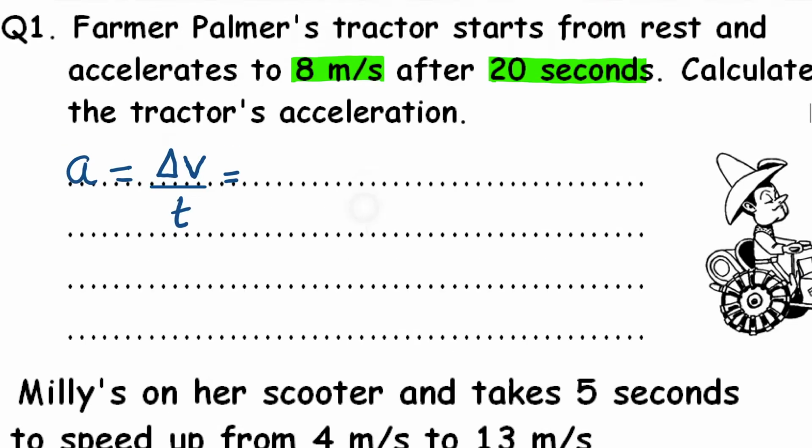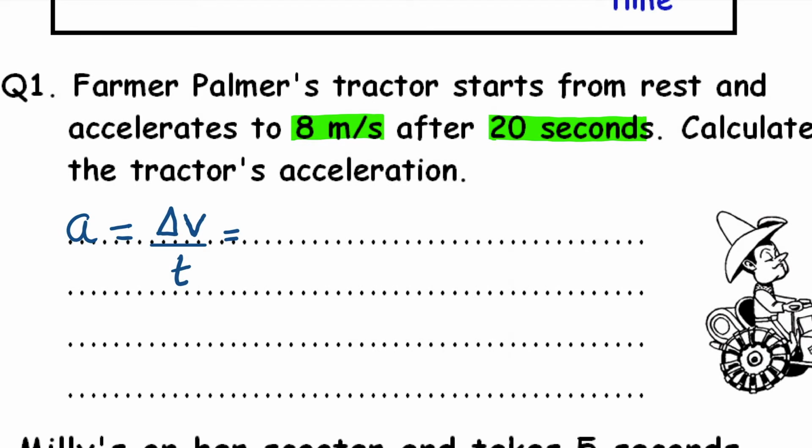The change in velocity. Now, this could catch people out. You've got to pick up on certain terms or phrases that are used. And wherever you see the term rest, from rest, that means it's stationary, is another word that can be used. Right, so I'll write that down.